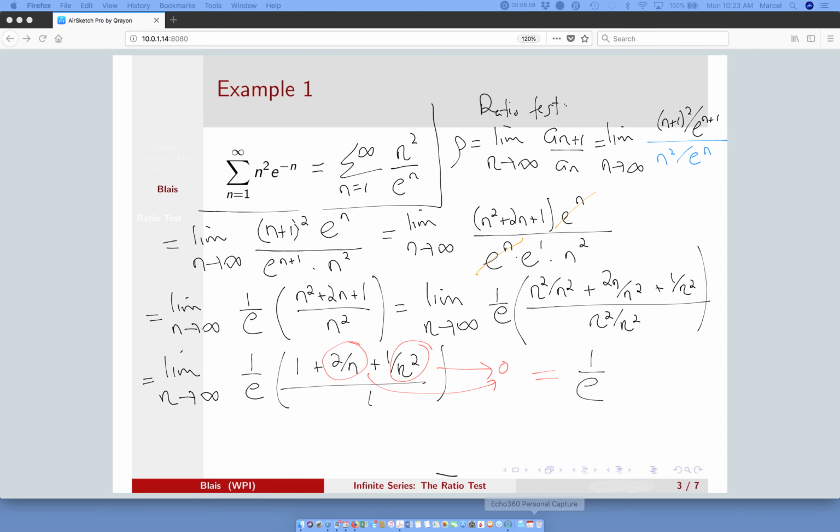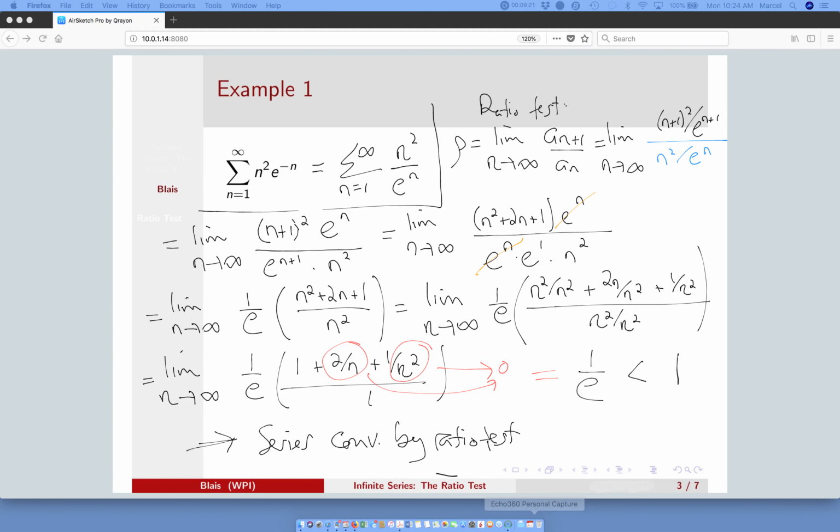e is bigger than 1, so this is less than 1. And remember, that was the whole point. This was rho, the ratio of successive terms. And because it is less than 1, this means our series converges by the ratio test.